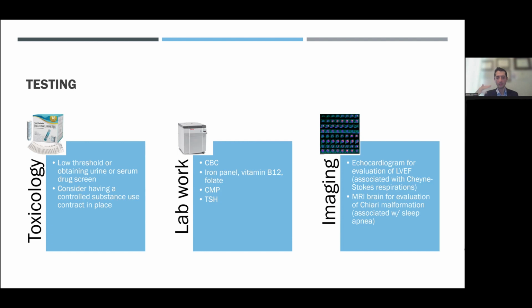And so you want to get labs to kind of evaluate and check for what else could be going on. And so you want the CBC, the iron panel, B12, a comprehensive, a Chem 22, so that you can get an assessment of their liver enzymes and their GFR, importantly.